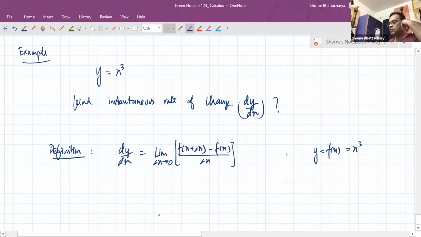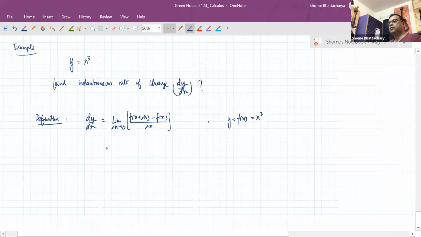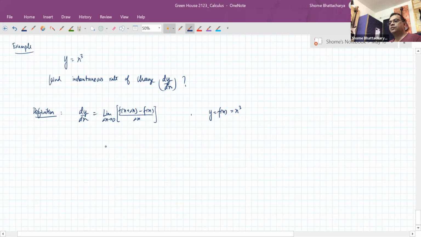Now let's take a couple of examples to understand this. Can you think of some small value of delta x, but not so small that I cannot write it? Just suggest some value. 10 raised to minus 3. Okay, so let's take this as 0.001 or 10 raised power minus 3, and let's see what we'll get.